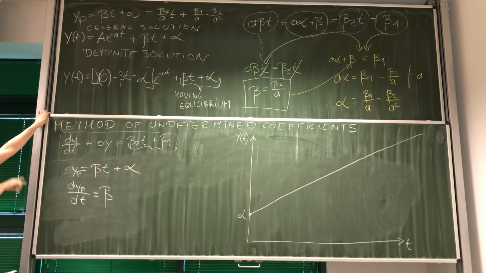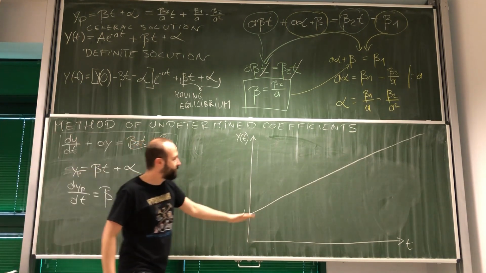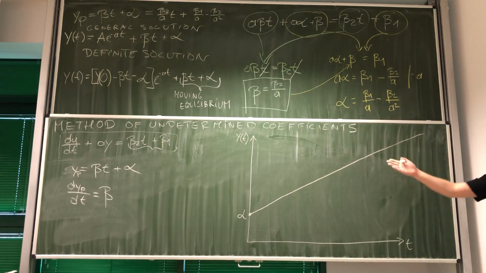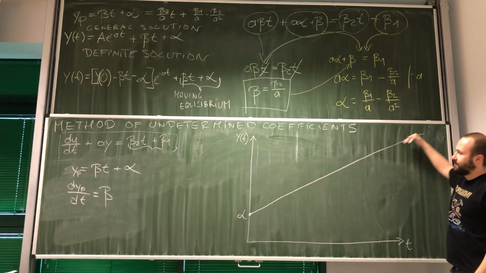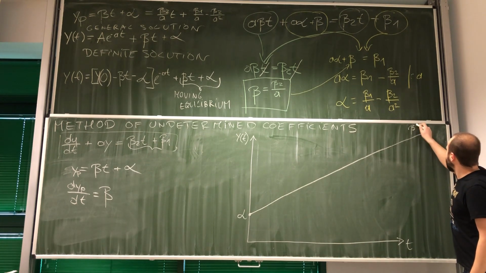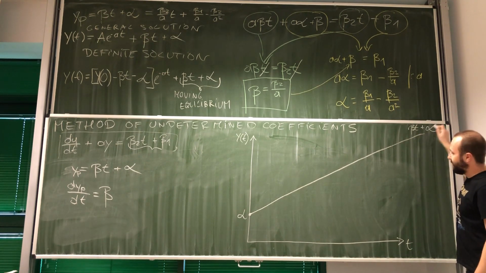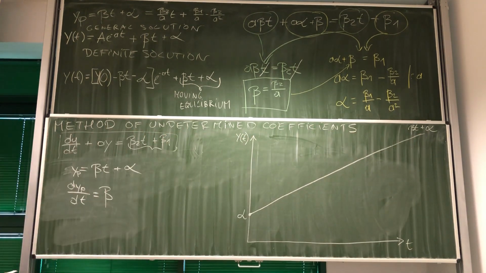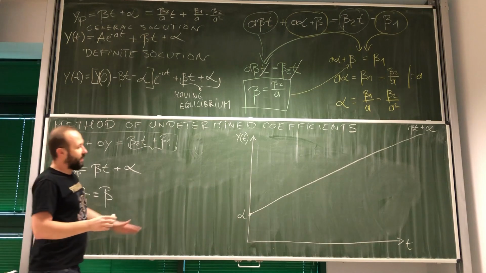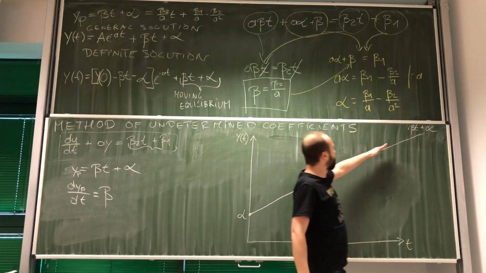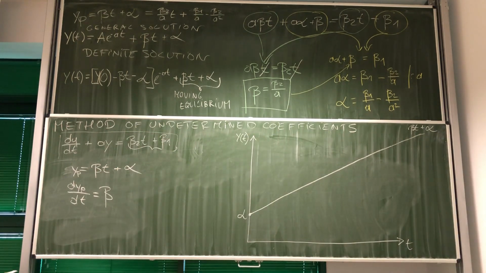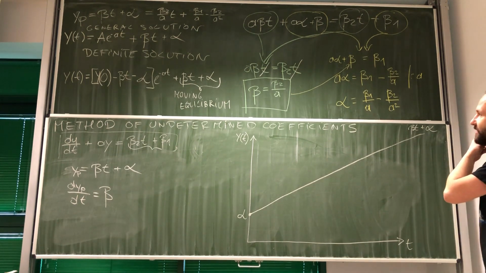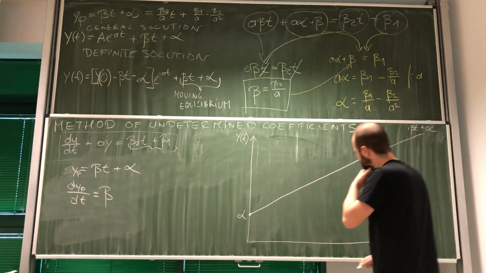So we see that as time progresses our moving equilibrium increases by beta. So the slope of this line is beta. So we've got here beta t plus alpha. And if nothing happens, we are going to remain in this equilibrium.